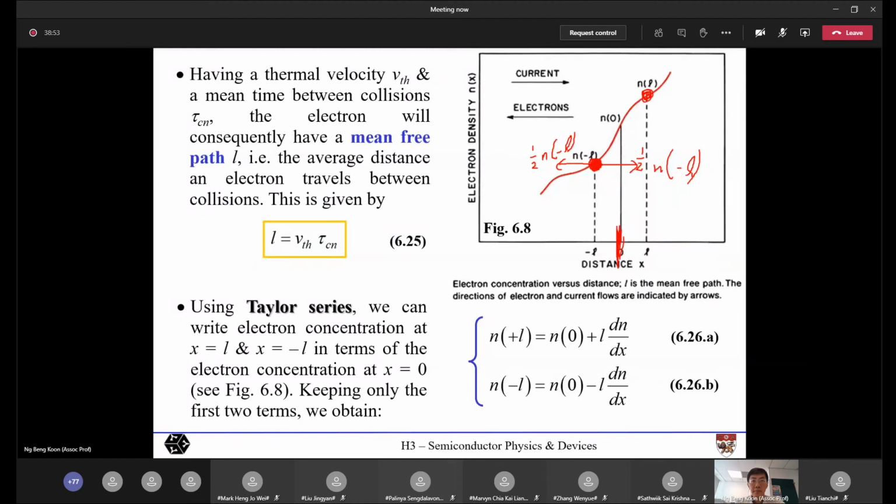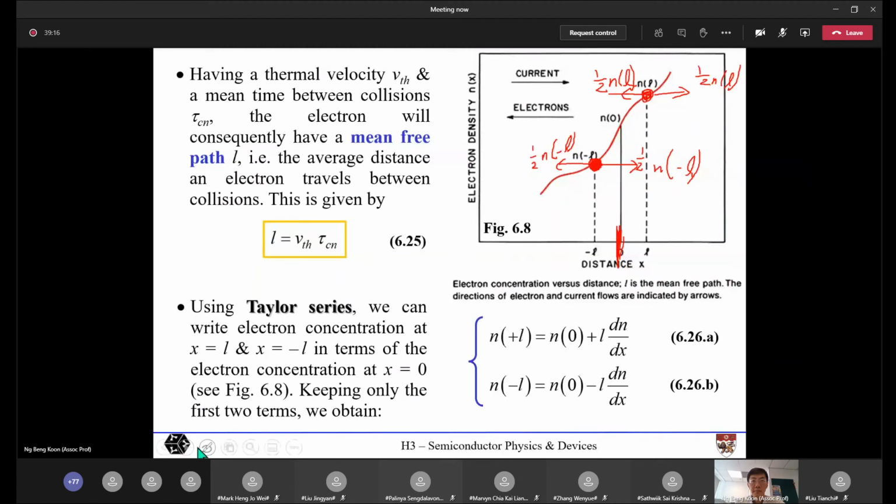Similarly, by the same argument, for carriers at x equals L, half of them will flow left and half will flow right. The one that flows left is going to go through your x equals 0, and this number here is also half n of L. Of course, the other half of n of L that goes the other way is not going to cross that area.